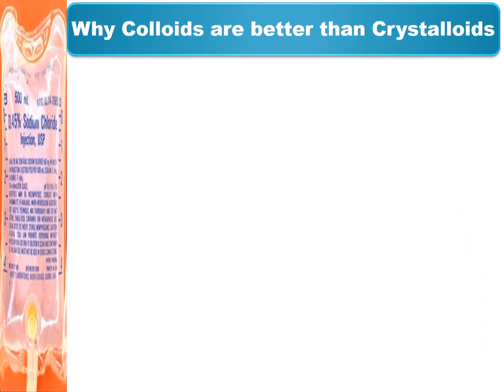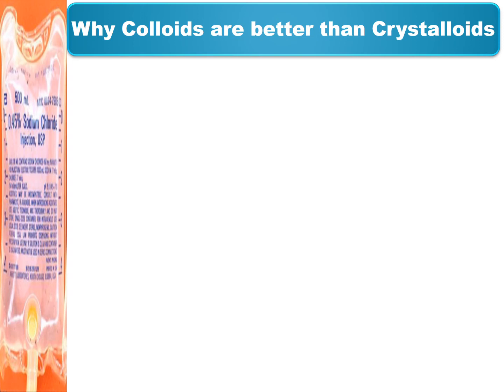Among these two types of plasma volume expanders, a big question arises: why are colloids better than crystalloids? Actually, human plasma or reconstituted human albumin would seem to be the best.